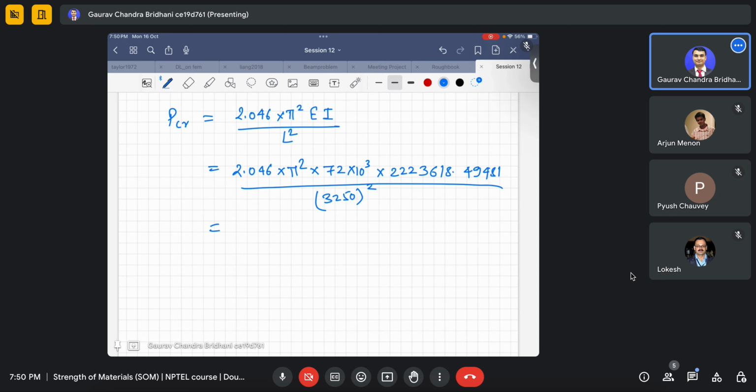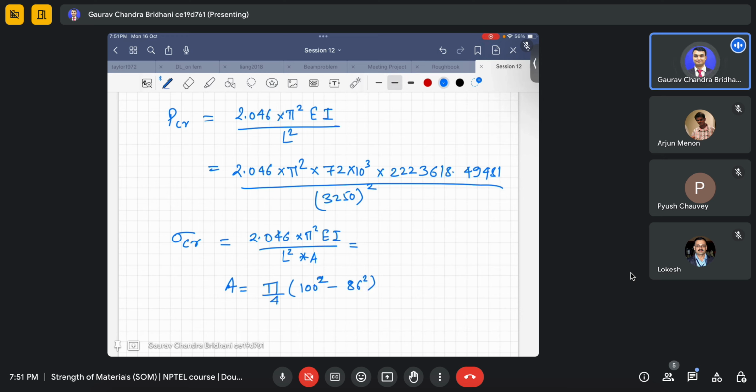I actually need to find sigma critical. Sigma critical is P critical divided by the cross-section area, that is 2.046 pi square EI by L square into A. Whatever quantity I get, I divide by area. What is area? Area is pi by 4 into 100 square minus 86 square.